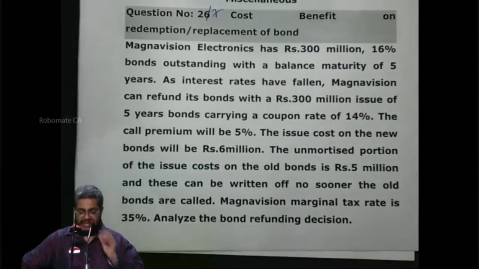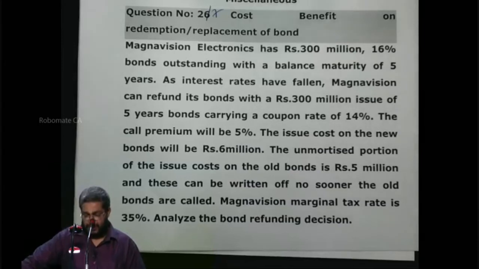As interest rates have fallen, Magnavision can refund its bonds with a 300 million issue of 5-year bonds carrying a coupon of 14%. The call premium will be 5%. Can it redeem at par? Have to pay more to the old bondholders? More. How much percent more? 5%. The issue cost of the new bond will be 6 million.